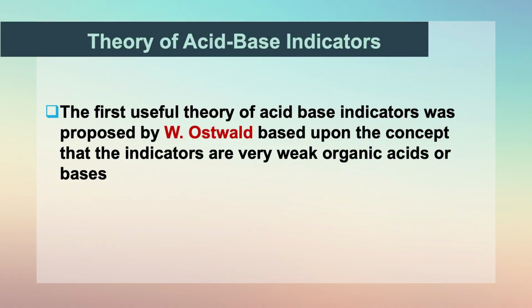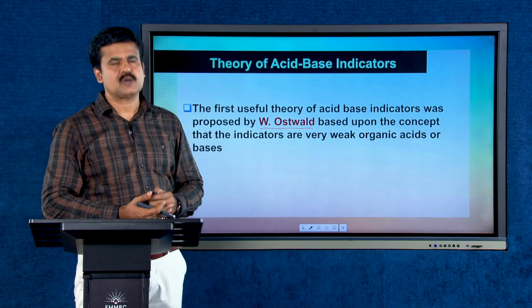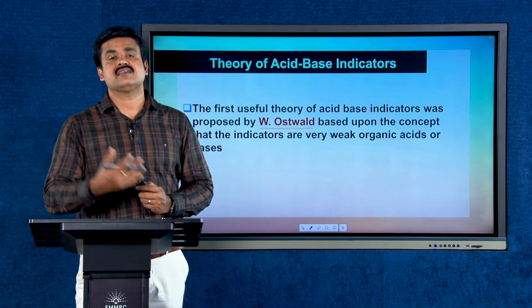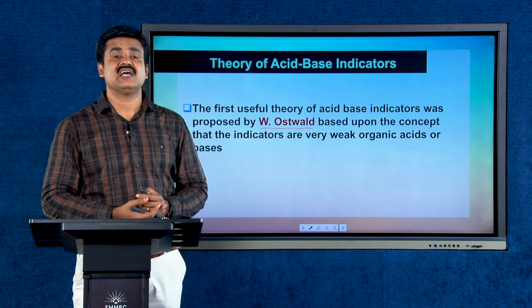The first useful theory of acid-base indicators was proposed by W. Ostwald, based upon the concept that the indicators are very weak organic acids or organic bases. So, according to W. Ostwald, the indicators are very weak organic acids or organic bases.